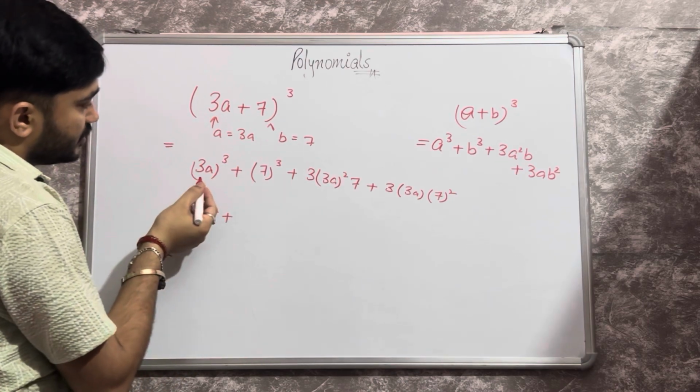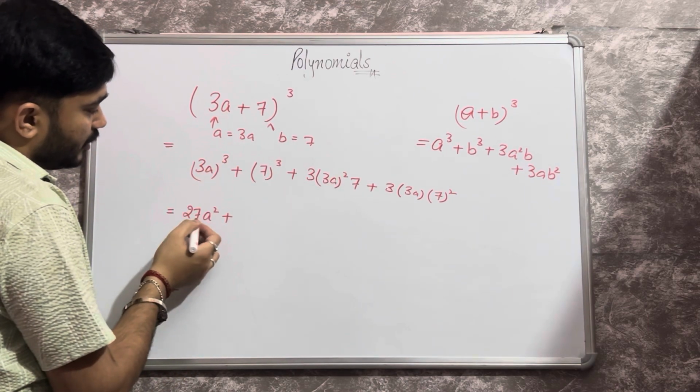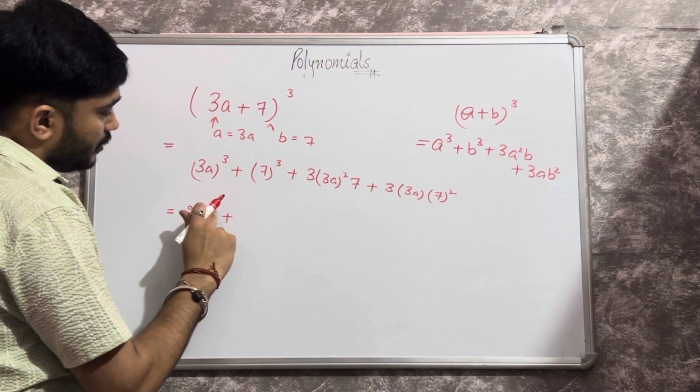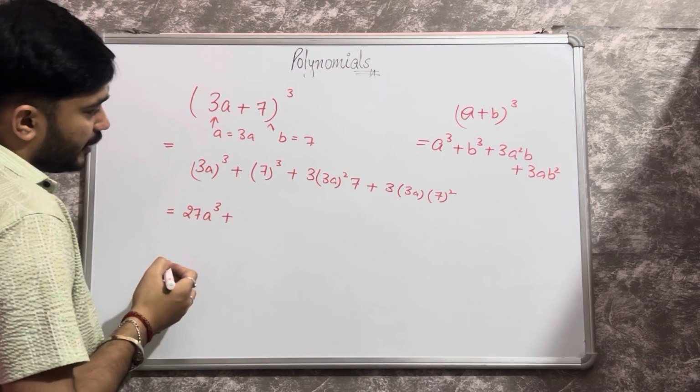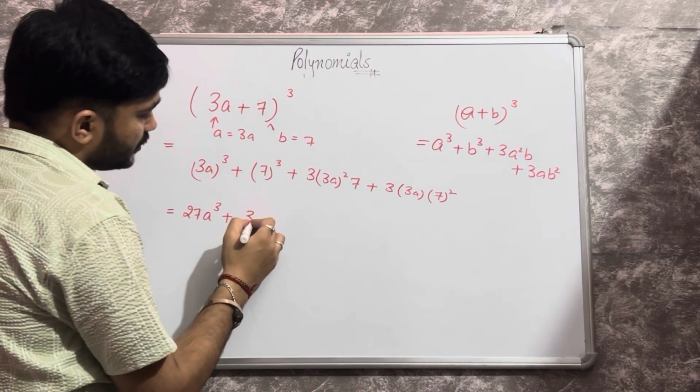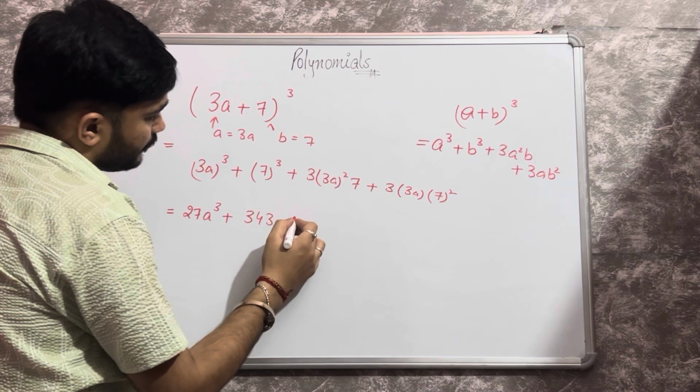3a's cube is 27a³, since the cube of 3 is 27 and the cube of a is a³. 7³ is 343.